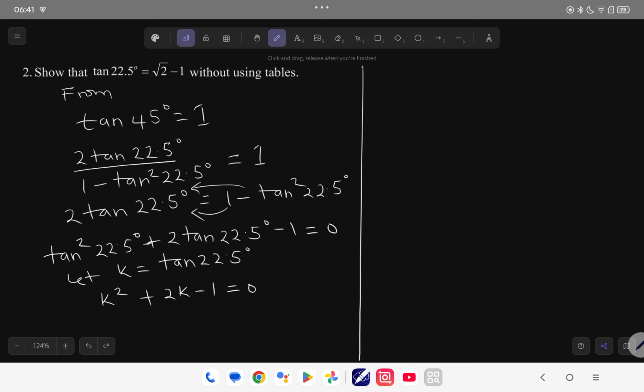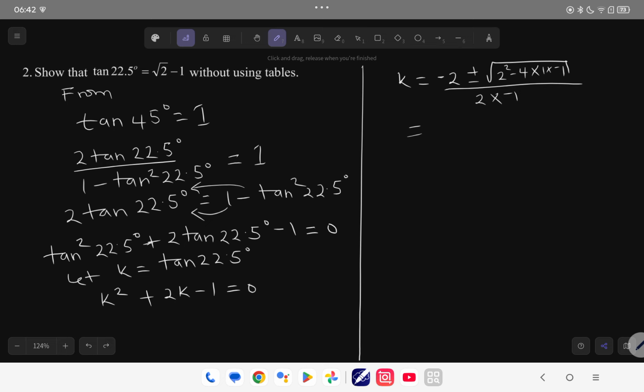So we can solve this using the formula method. k is equal to minus 2 plus or minus the square root of 2 squared minus 4 times 1 times negative 1. You can visit our YouTube page and look for a video on quadratic equations, so that if you have forgotten these concepts, you are able to revise them.